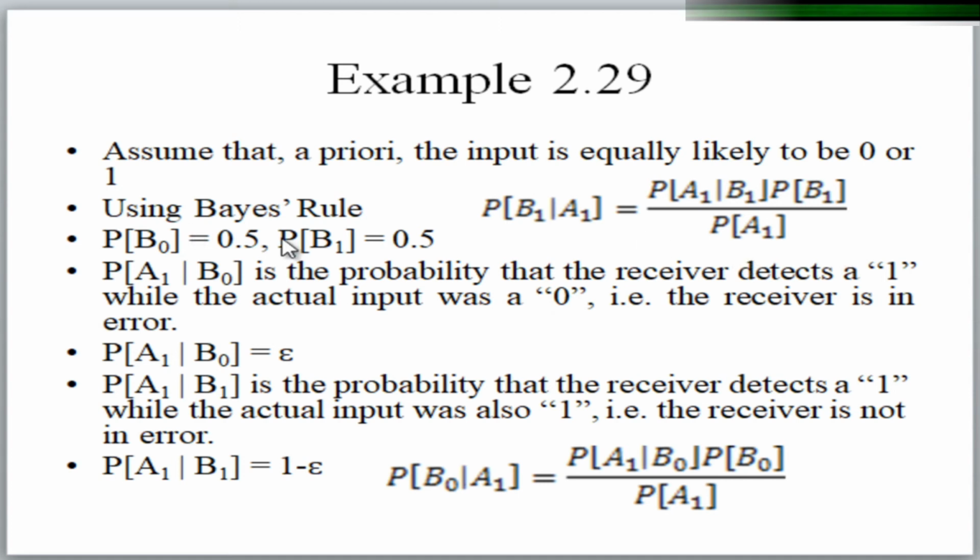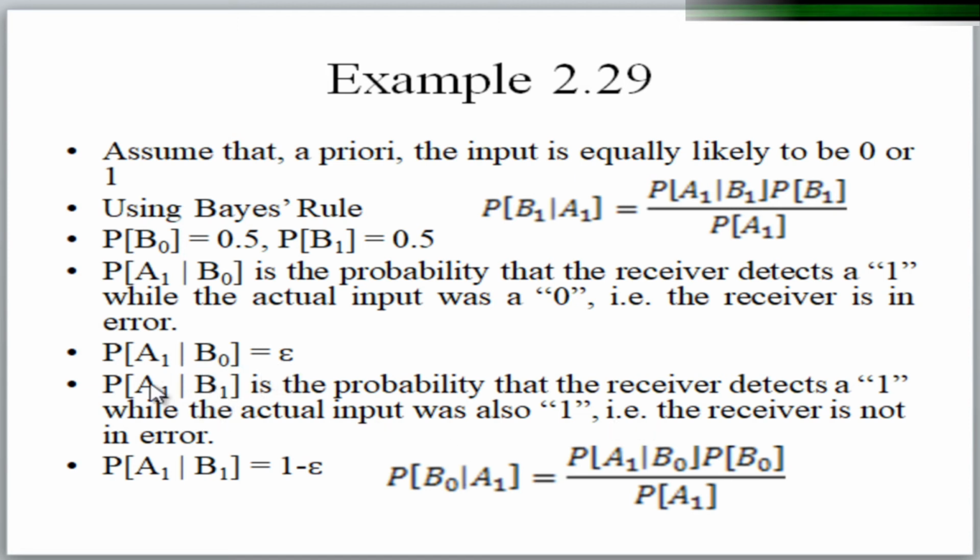So assume that this is the formula. Using Bayes theorem, we know these formulas. The probability of 1 is the probability that the receiver detects 1 while the actual input was 0. It is the result I have told you, and initially it was written that this probability will be this one.